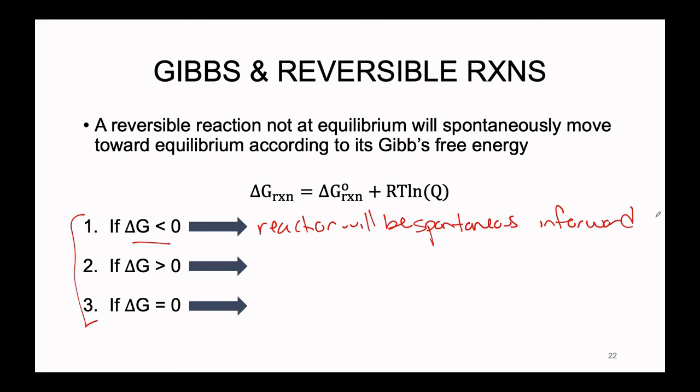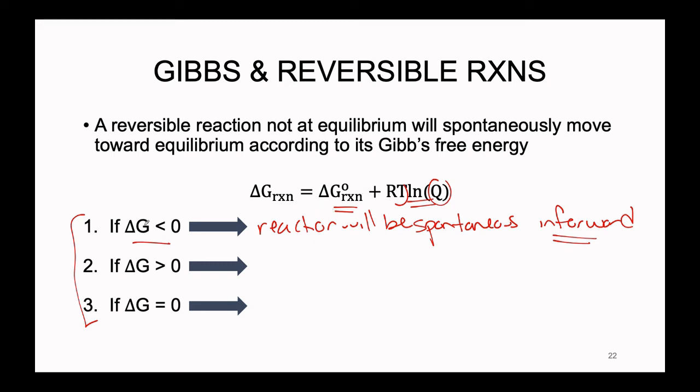So the reaction will shift from reactants to products because the balance between the Gibbs free energy in the standard conditions here and the modified conditions, either a modified temperature or modified initial conditions, is out of balance, and so your reaction is going to have to shift in the forward direction to create some more products in order to balance out this Gibbs free energy.